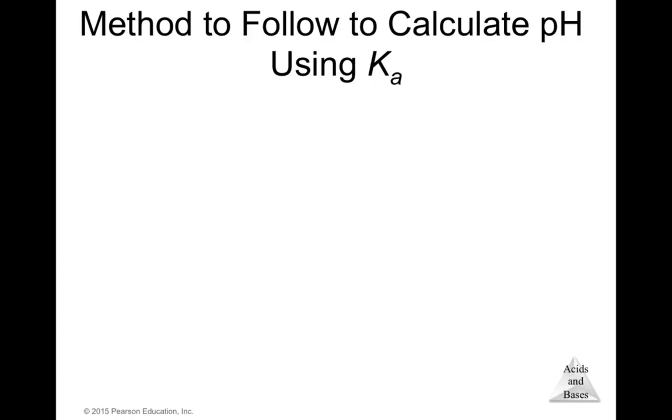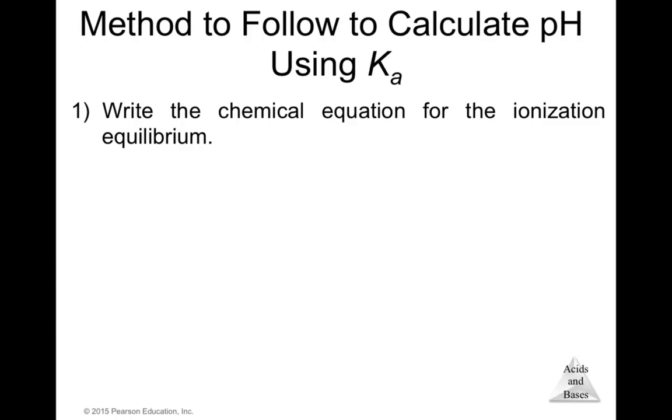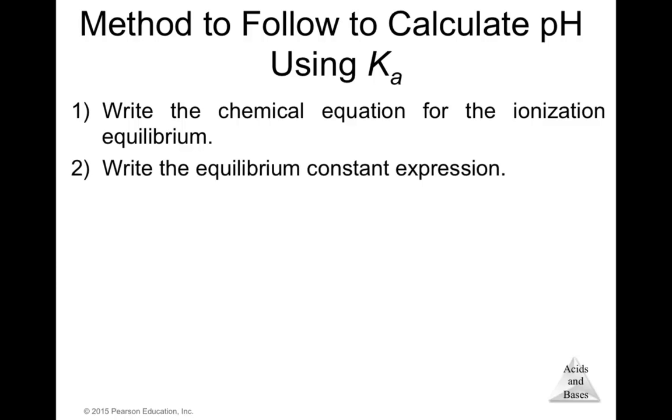So let's now calculate the pH by using the Ka. We're going to mention a few hints now on how to do that. First, write the chemical equation for the ionization equilibrium. Then write the equilibrium constant expression.